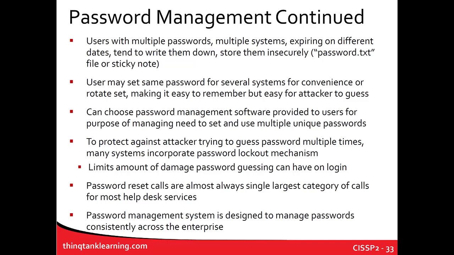We need to be able to protect against attackers trying to guess passwords. So we have lockouts, maybe after a couple of attempts, 5, 10 attempts. That will stop what we call brute force attacks, but those have to be tuned very carefully. If it's too aggressive, the attacker can actually trigger a denial of service attack by locking out legitimate users.